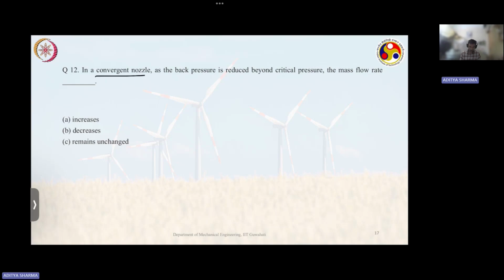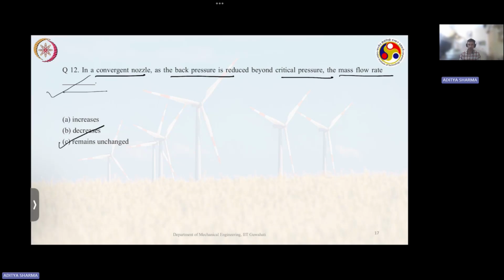So the question talks about a convergent nozzle, and then back pressure is reduced beyond critical pressure. Then what happens to mass flow rate? So we know that if the back pressure goes beyond critical pressure in a convergent nozzle, in that case there is nothing that happens to mass flow rate, right?